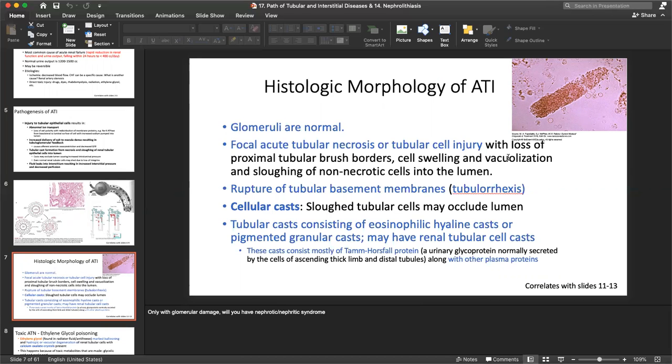There's going to be a rupture of the tubular basement membrane, and then there's going to be cellular cast, and it's going to contain an eosinophilic hyaline cast or pigmented granular cast, and can have some renal tubular cell cast, which mostly consist of Tamm-Horsfall protein.